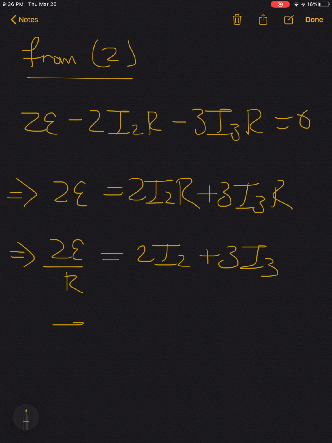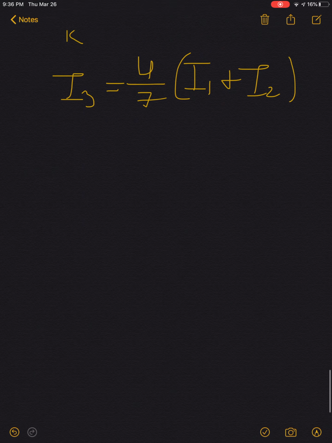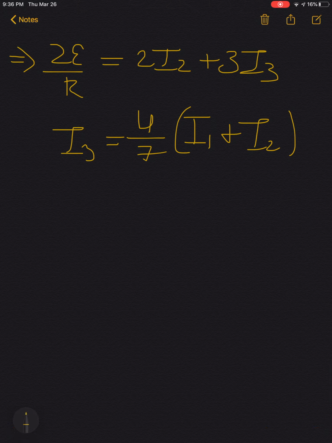Now use the fact that I3 is equal to, if I remember correctly, 4/7 I1 plus I2. Yes. So now we're going to have to plug that monster in there.